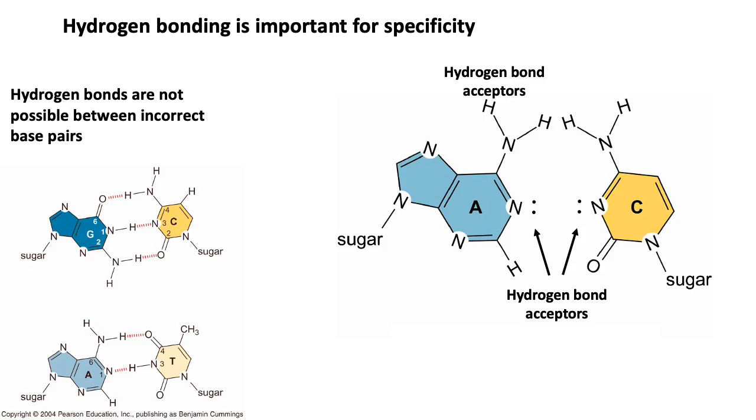This is not a coincidence. This is absolutely vital to the structure of the double helix. And we're going to be getting into the double helix pretty much the next slide.